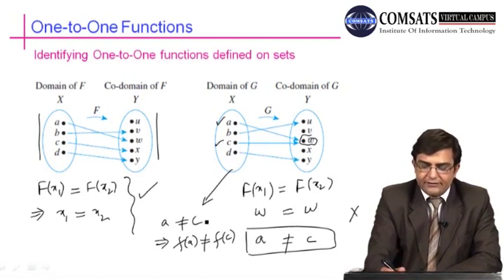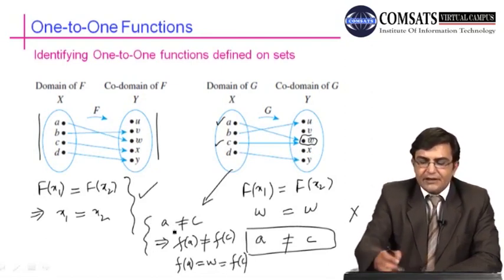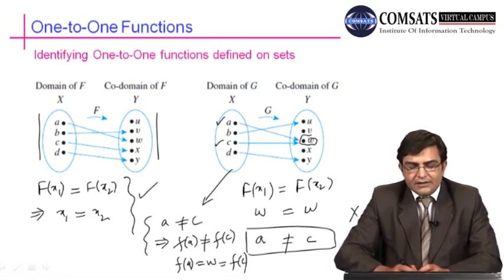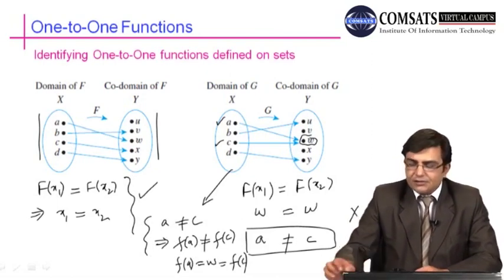No, because A is different from C, but f of A, which is w, is equal to f of C. So this condition is violated here in the second arrow diagram. Therefore this arrow diagram doesn't represent a one-to-one function. So I hope you understand the basic idea behind the one-to-one functions.